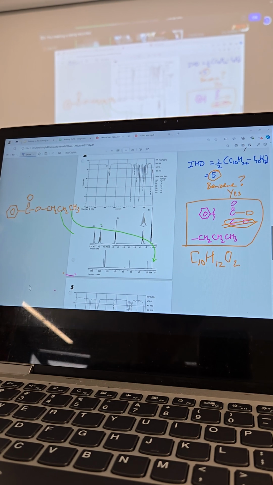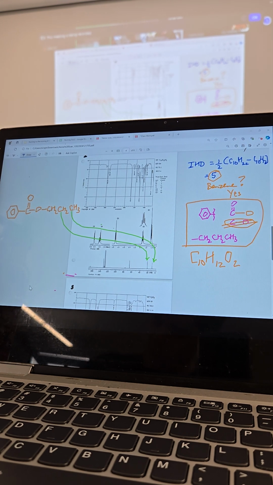This carbon is probably giving us this signal. This carbon there, right? Please notice that is just CDCl3. That's the solvent. We are not interested in the solvent.